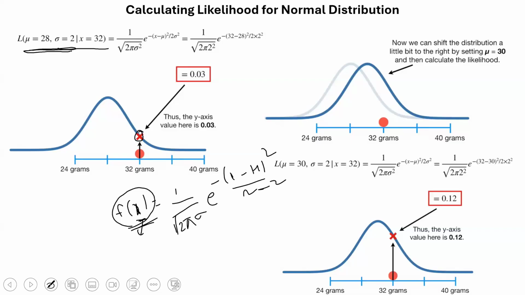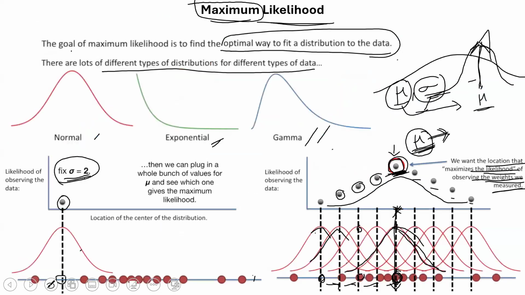So that's what we have said. Here sigma is fixed, mu keeps on changing, right? And then we calculated the likelihoods at every point, and wherever you get the maximum, that will be set as the mu value for the distribution representing this particular data.